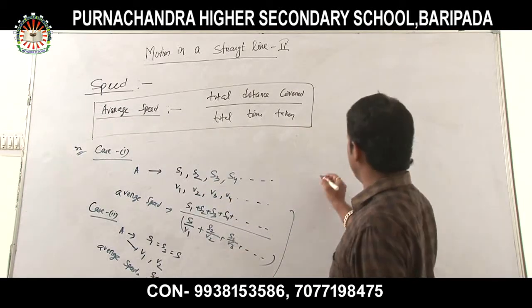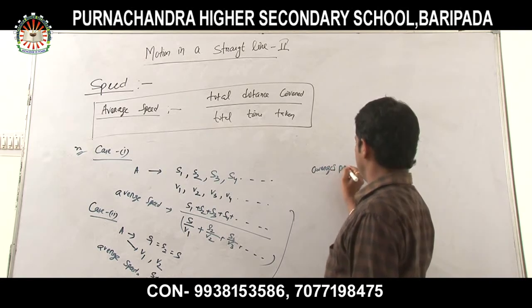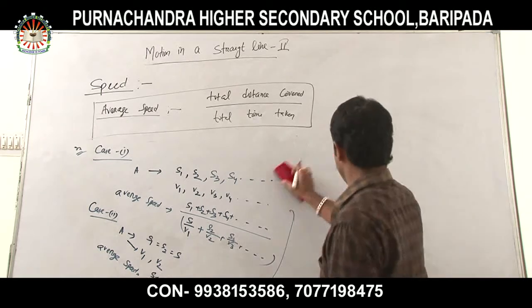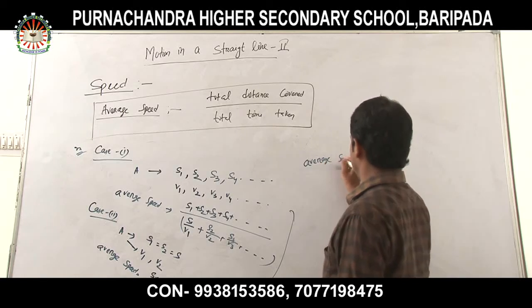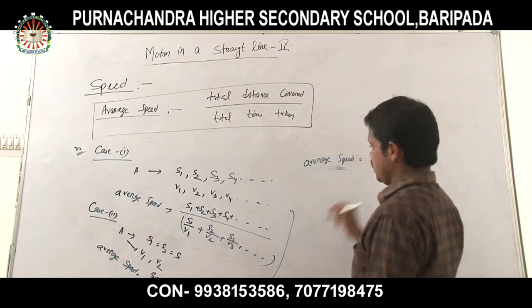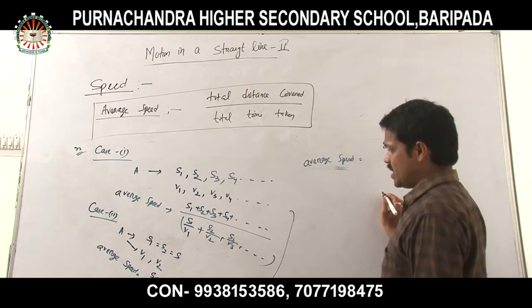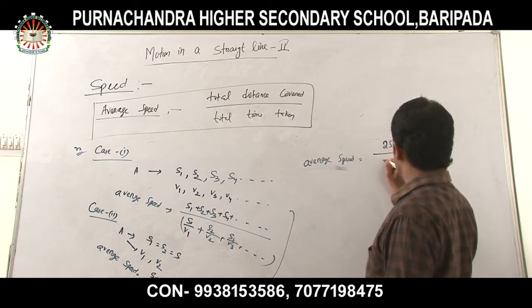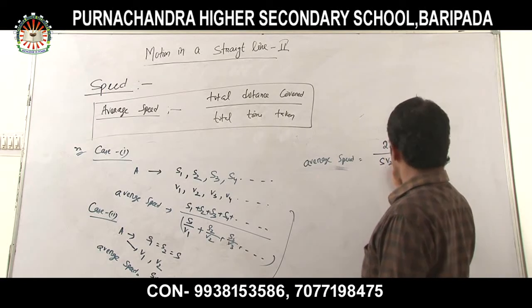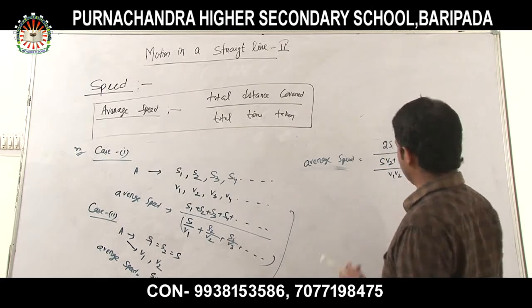By solving it, the average speed is equal to S1 plus S2, which is 2S, divided by SV2 plus SV1 over V1 V2.